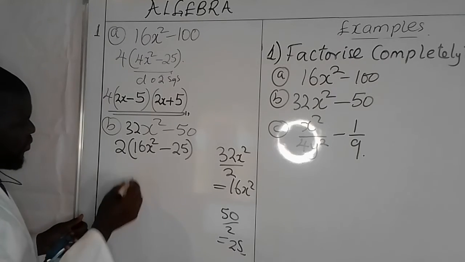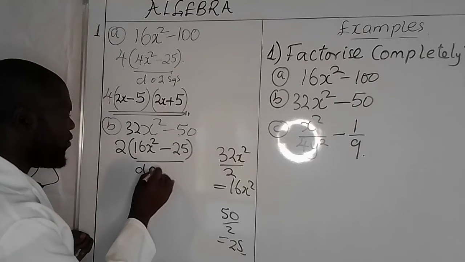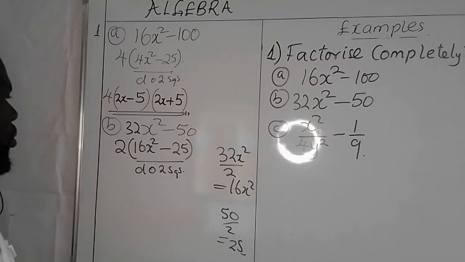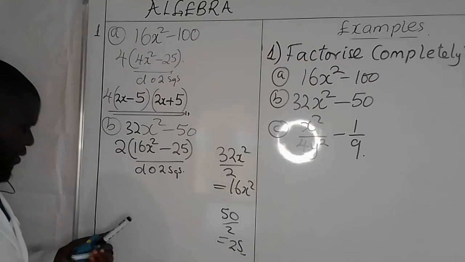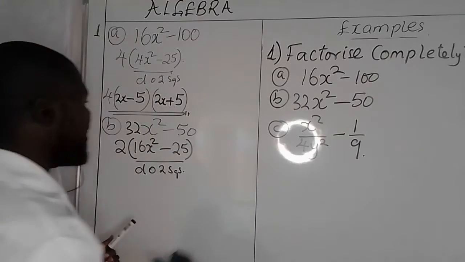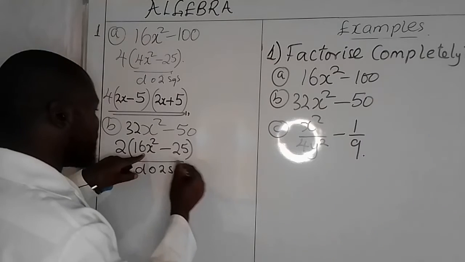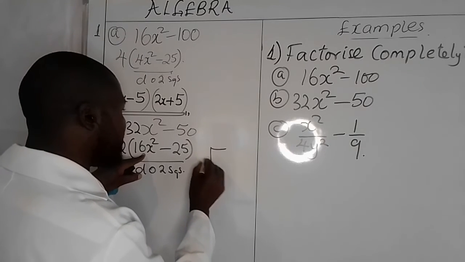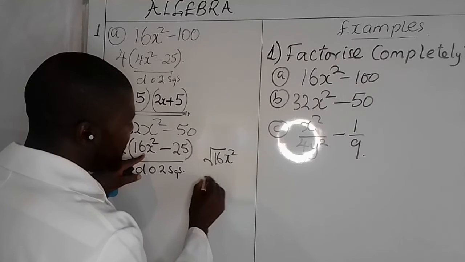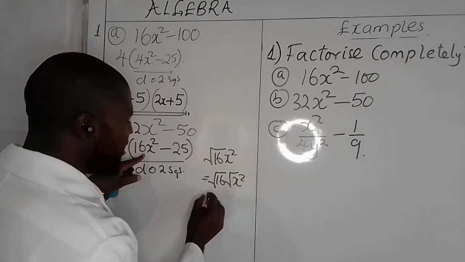Now when you look at this expression inside, it's a difference of 2 squares. Having identified that, you need to get the square root of 16x squared, which is the same as the square root of 16 and the square root of x squared.